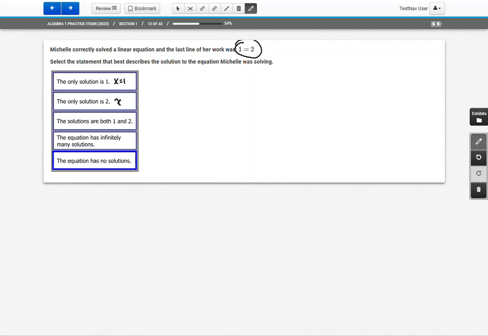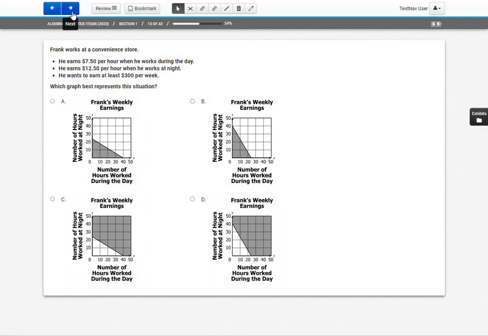If the solution is 2, it would say x equals 2. And if it's infinitely many, it would have something like 1 equals 1, or 2 equals 2. When you have two different numbers on both sides, it's going to be no solution. Okay? Alright, the next one.